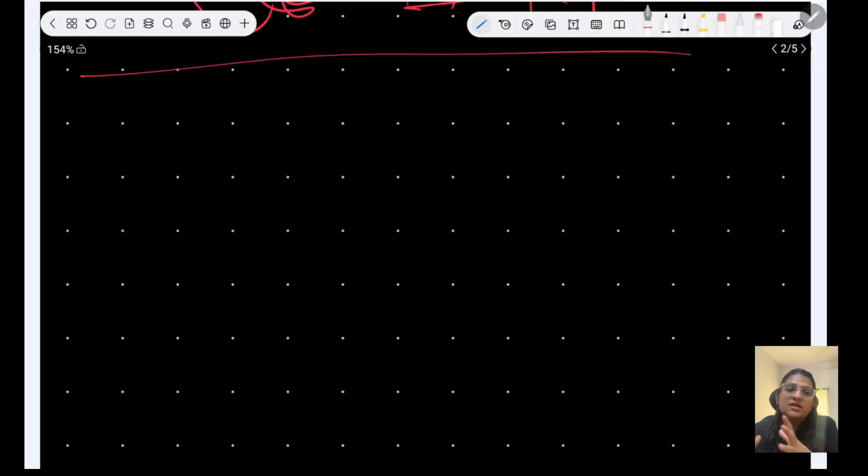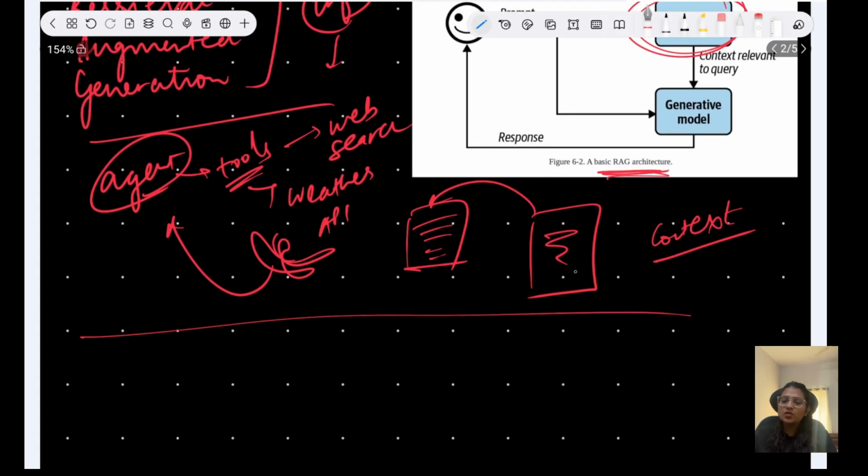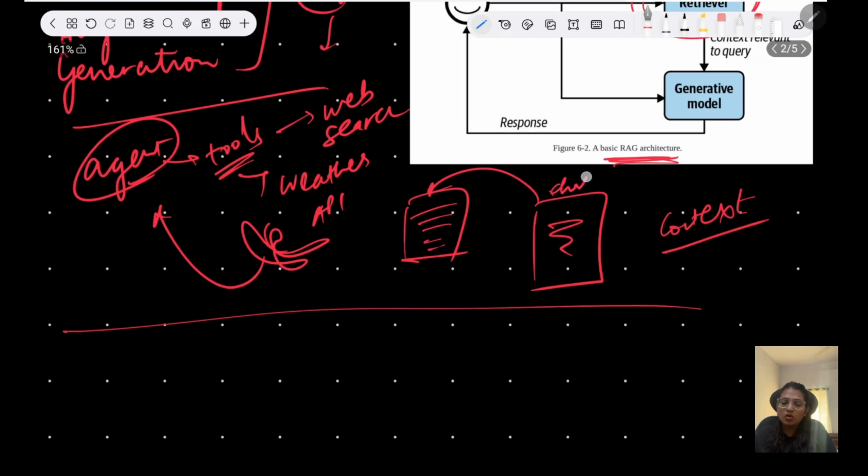And RAG versus agents, if you had any doubt: the RAG pattern is used for constructing context. Like I said, whatever you talk about in a chat window is called context. But sometimes, for example, if you want your chatbot to know specifically about, say, lip balms, I love lip balms, and I have a whole PDF on lip balms that I want it to refer to before talking to me.